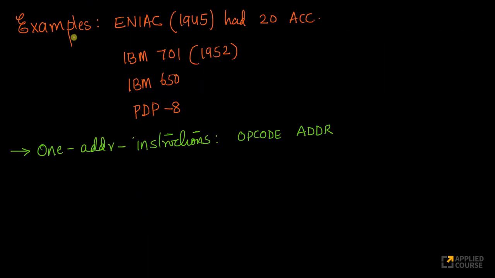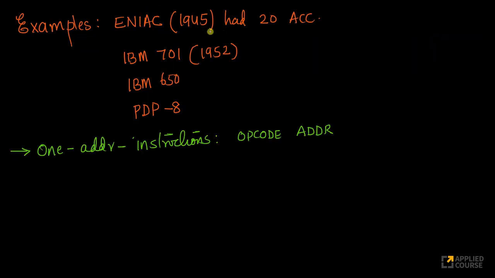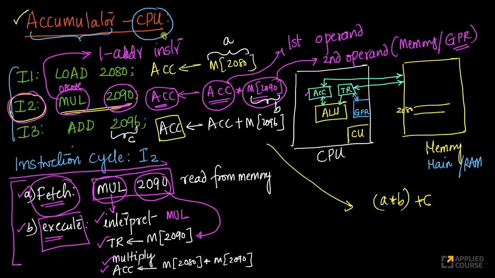Now there are a bunch of historic examples of CPUs which are accumulator CPUs. These are processors from the 40s and 50s. Every one of you must have heard of this computer called ENIAC, one of the first modern computers, right? The ENIAC was a sort of accumulator CPU.